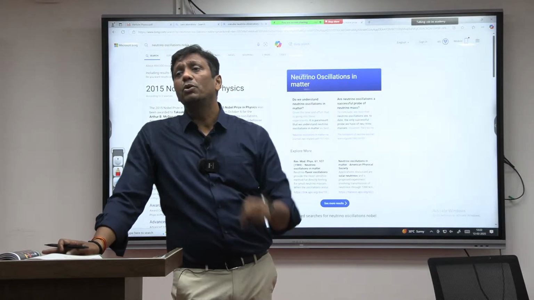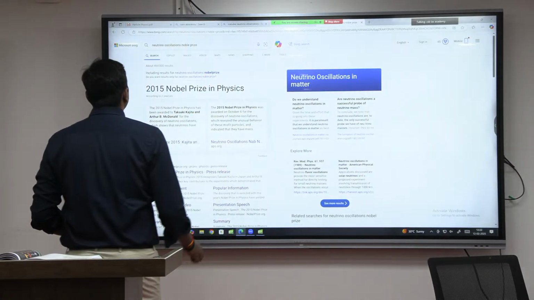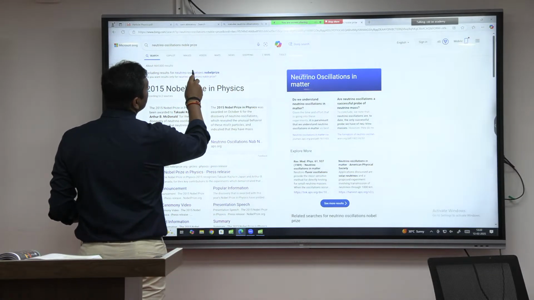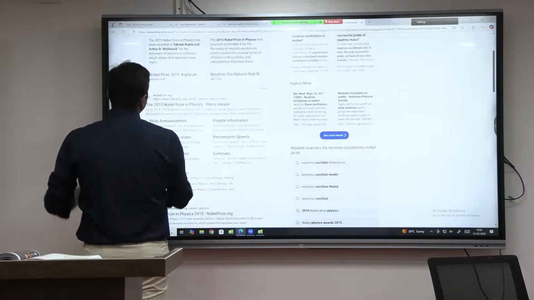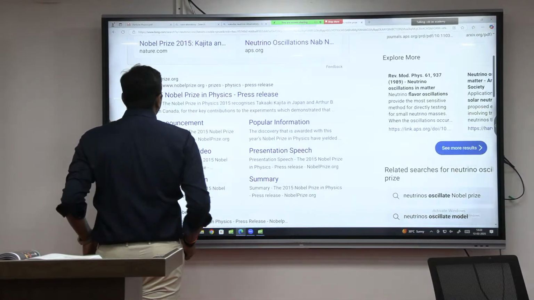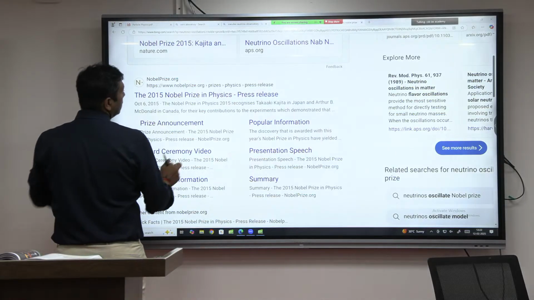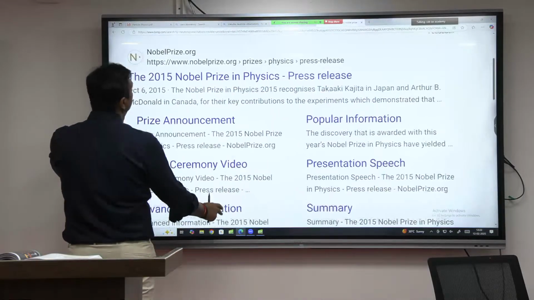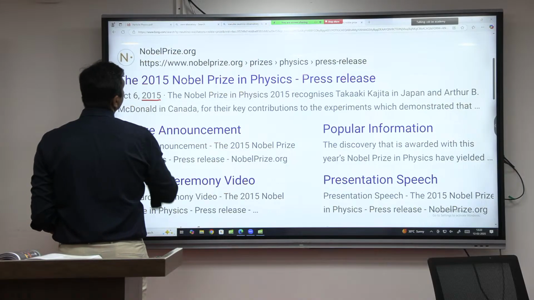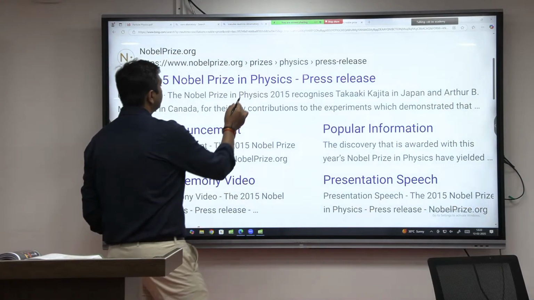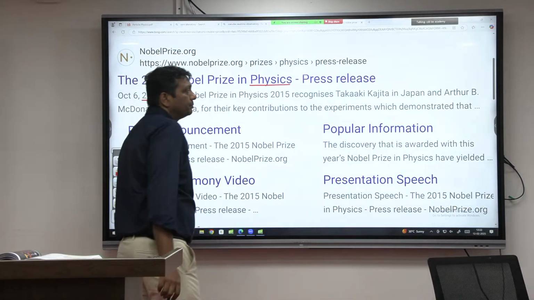Through the neutrino oscillation experiment, in 2015, two scientists got the Nobel Prize. Which Nobel Prize? The Physics Nobel Prize.